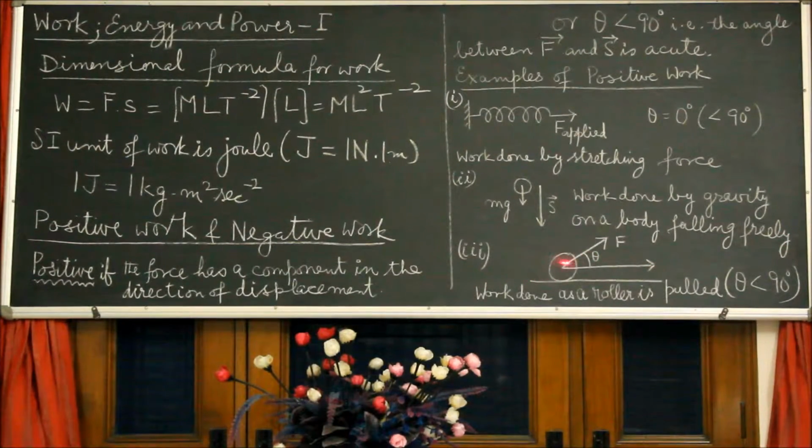Then when we pull a lawn roller, for example a roller in a cricket field, we apply a force in this direction at an angle with the displacement. Here the angle is acute once again, that is theta is less than 90 degrees, and therefore the work done by the force on the roller is also positive.